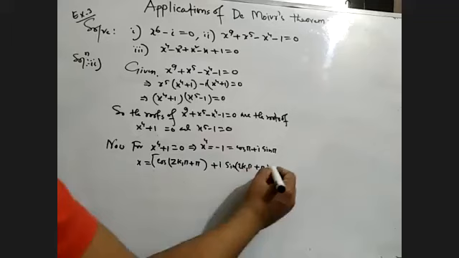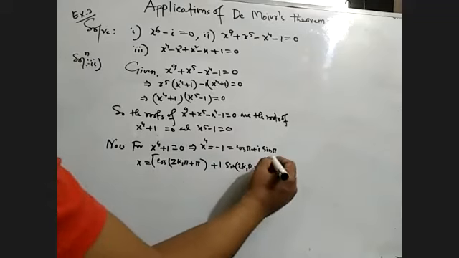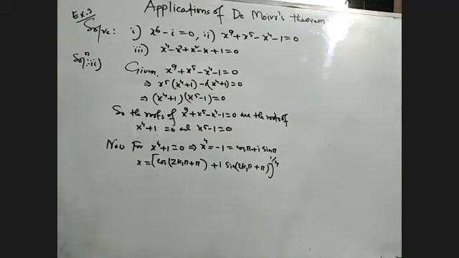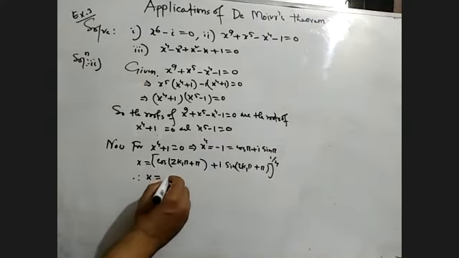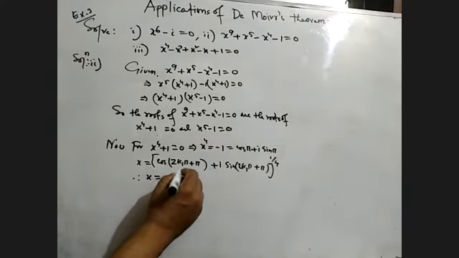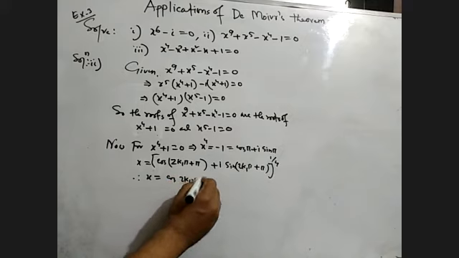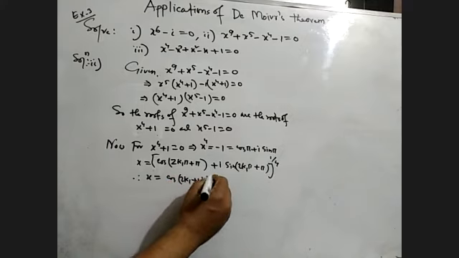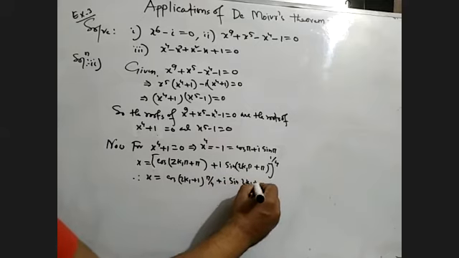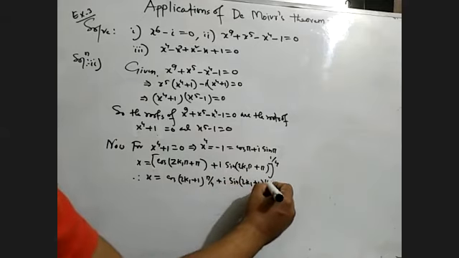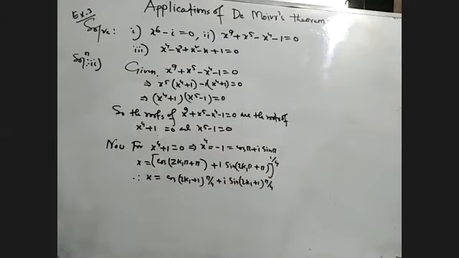Taking the fourth root on both sides, therefore x equals cos of twice k1 plus 1 into pi by 4 plus i sin of twice k1 plus 1 into pi by 4.